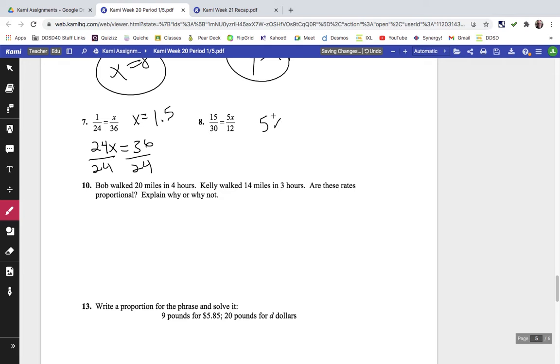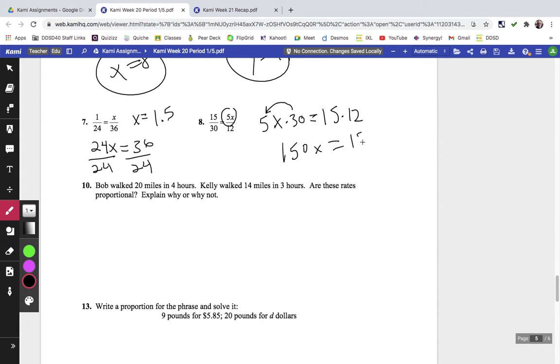And this one is a little interesting because of that 5x. 5x times 30 equals 15 times 12. 12 times 15 is 180. And we have to do 30 times 5x, that's 150x equals 180. Divide by 150.